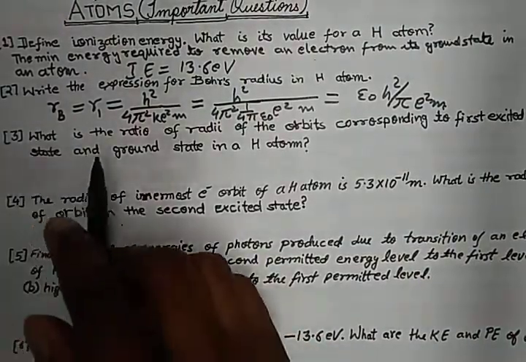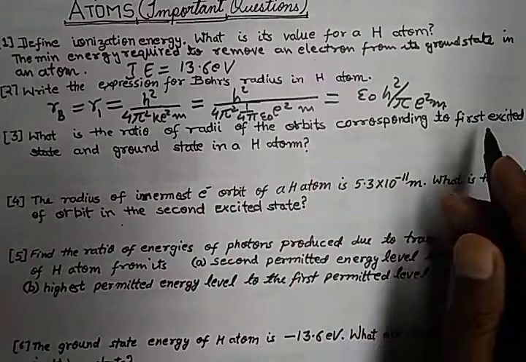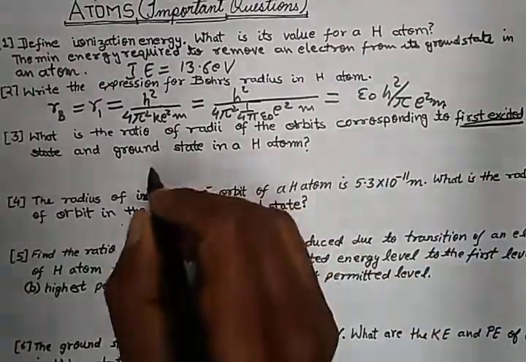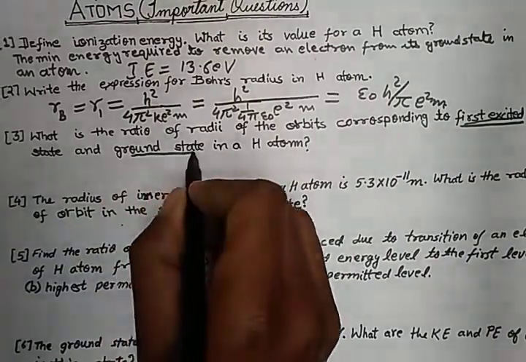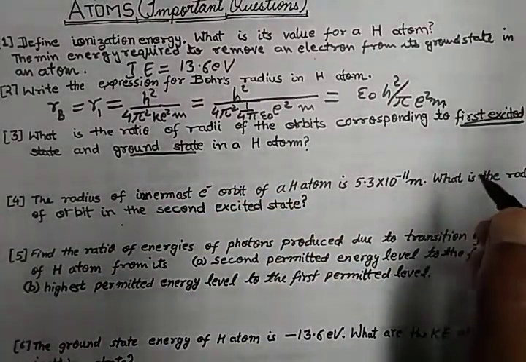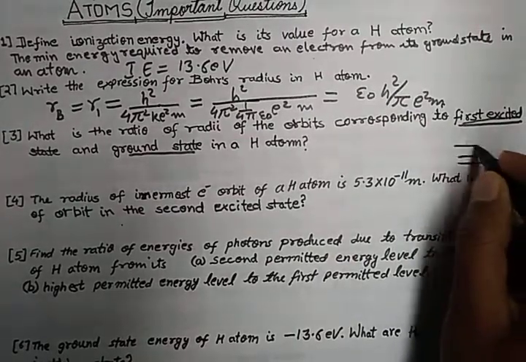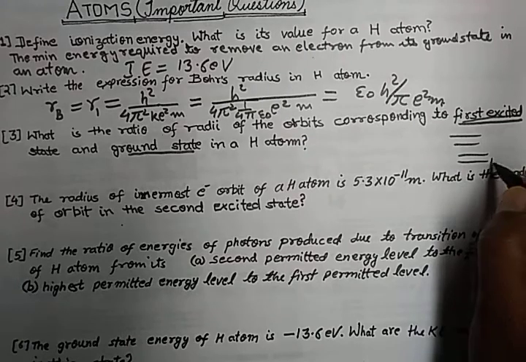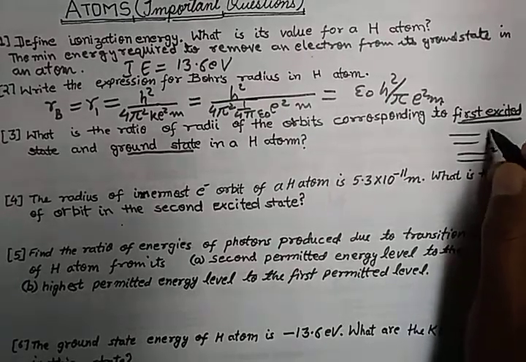Right, next, what is the ratio of radii of orbit corresponding to first excited state and ground state of hydrogen atom? First excited state means if these are the energy levels, this is first energy, second energy, third, fourth.